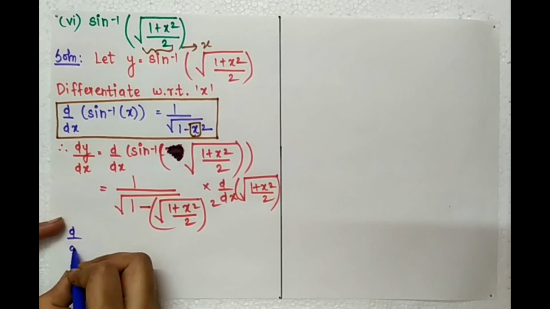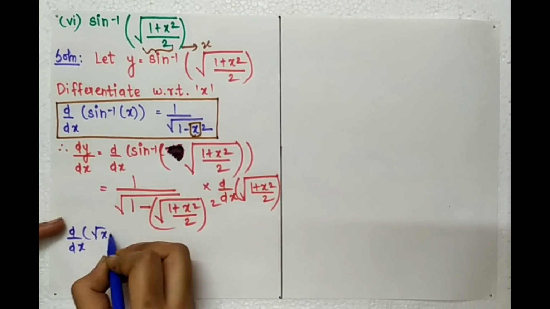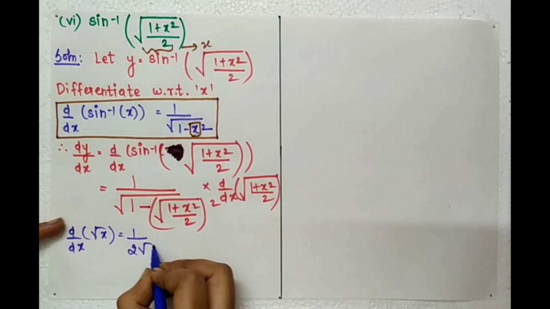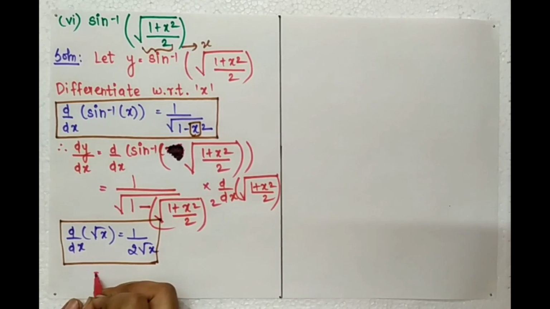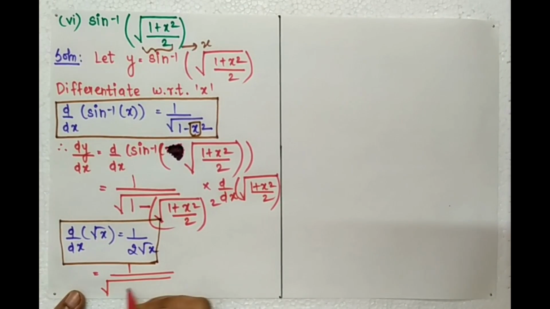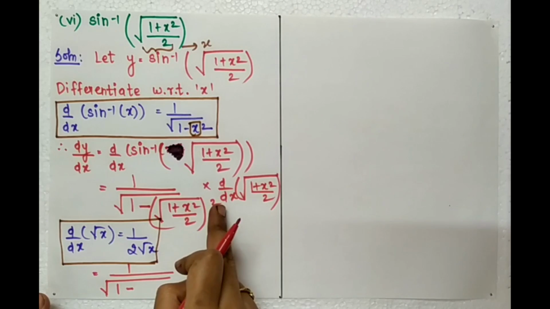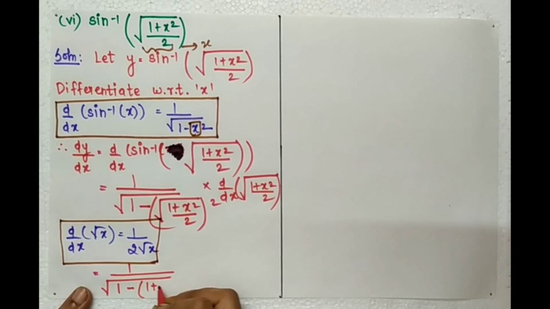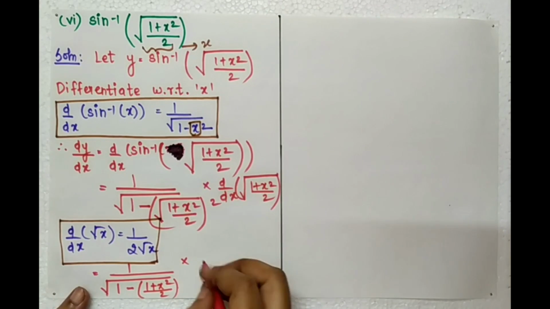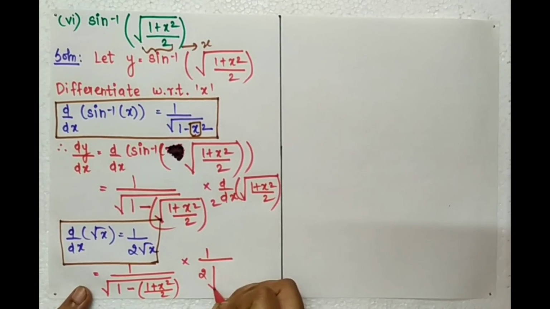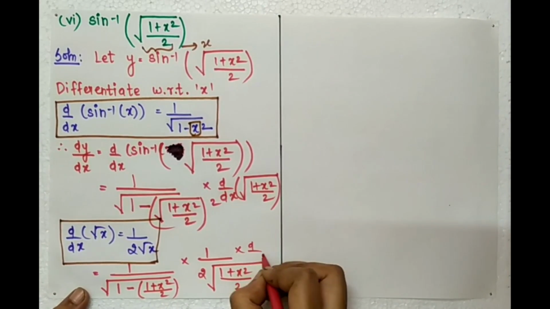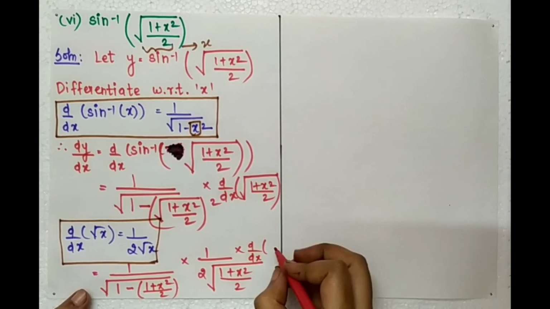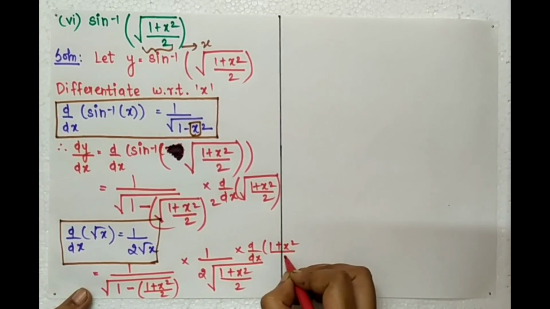So we know the derivative of root x is 1 upon 2 root x. We can apply that over here. So this is equal to 1 upon root of 1 minus, root and square gets cancelled. So we are left with 1 plus x square by 2, multiplied by 1 upon 2 root x, that is 1 plus x square by 2, into the derivative of whatever is inside the root, that is 1 plus x square by 2.